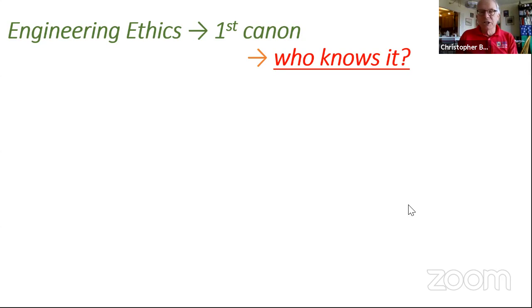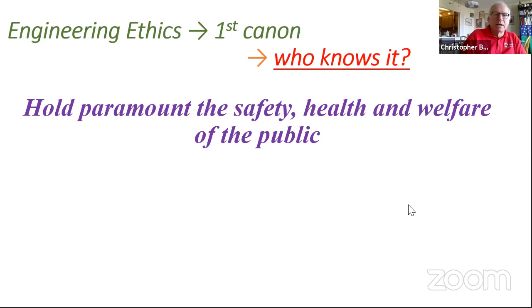So what do we need to do or be aware of as we're doing engineering design? Ethics. First canon of engineering ethics. Who knows it? It is to hold paramount the safety, health, and welfare of the public.